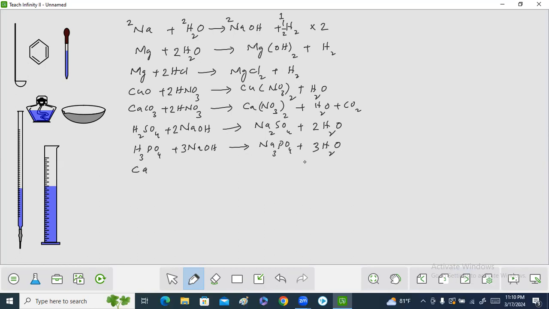Now, if we react the metal hydroxide, calcium hydroxide, with ammonium chloride, this is the property of base that ammonium salts can react with the base to form salt, water, and ammonia. So the salt is the first part of the base metal and the second part of the ammonium salt, which is calcium chloride, then ammonia, and then water.